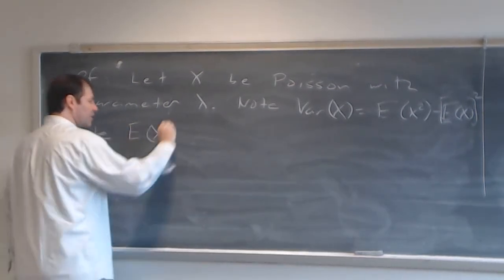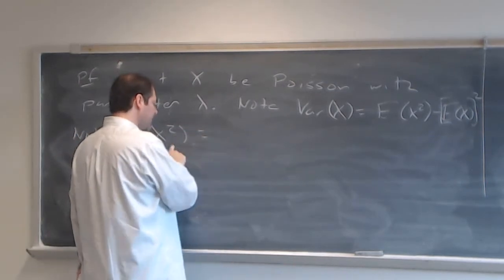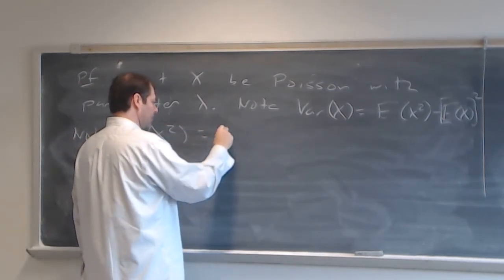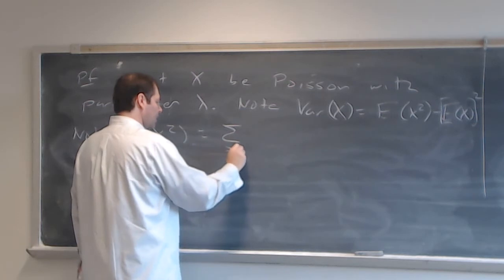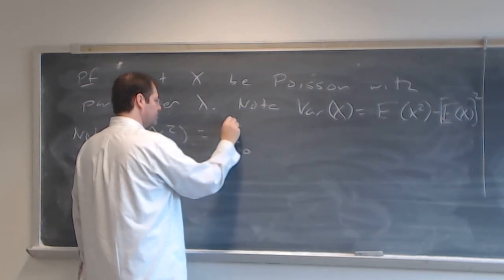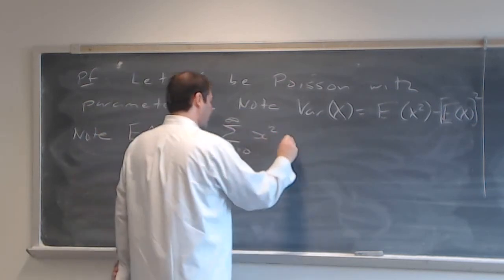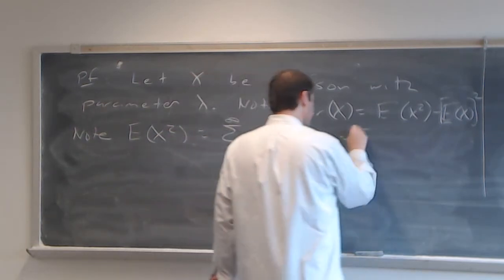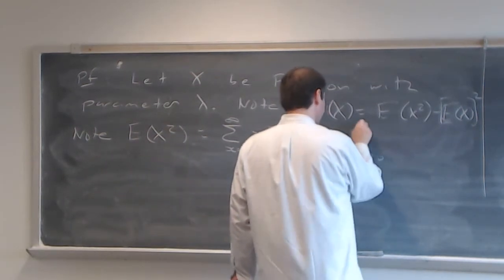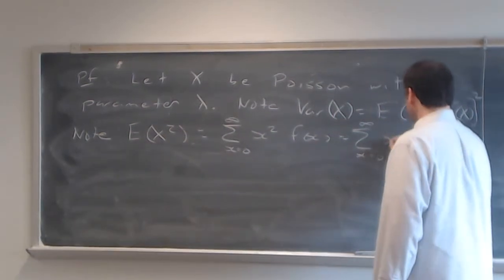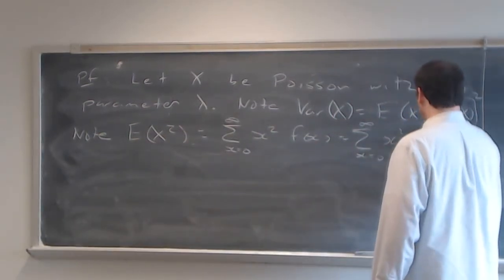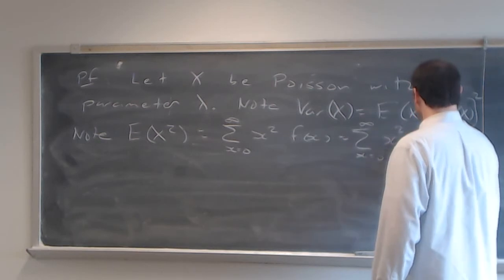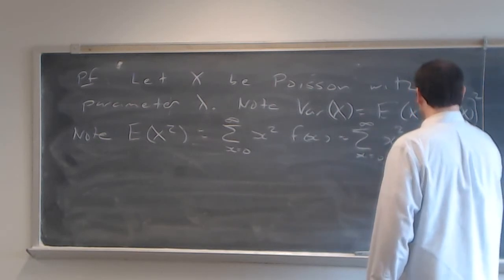Well, I don't know. So let's start calculating that. So the expected value of x squared is the expected value of a function of the random variable x. So it's the sum as x runs from 0 to infinity of x squared times f of x, which is equal to the sum as x runs from 0 to infinity of x squared times e to the minus lambda, lambda to the x all over x factorial.